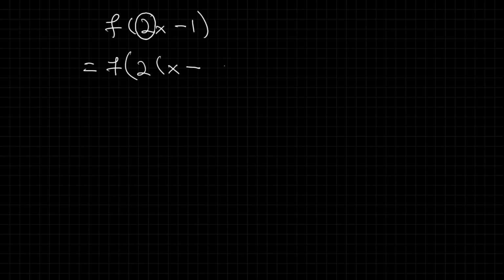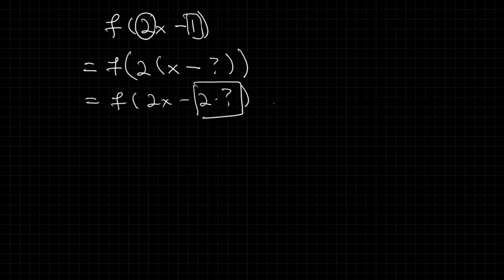So f of 2x minus, and then you have to ask yourself, what do I need to put here so that if I were to distribute, I get my original problem? Well, if you were to distribute this, you get f of 2x minus 2 times question mark. And so this 2 times question mark would have to be the same as 1. Well, 2 times 1/2 is the same as 1. So essentially you're asking yourself 2 times what is equal to 1?